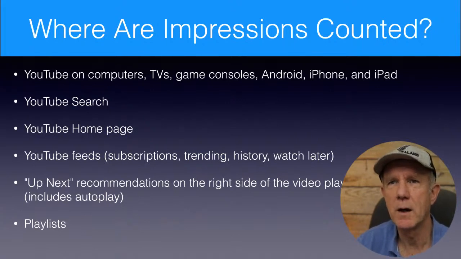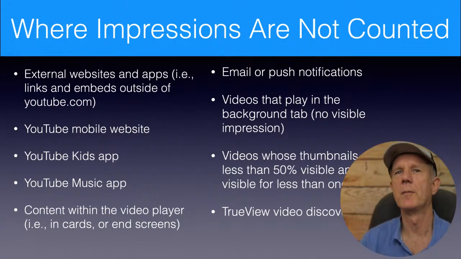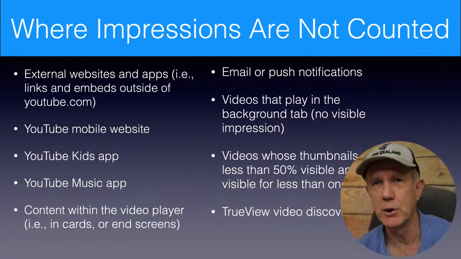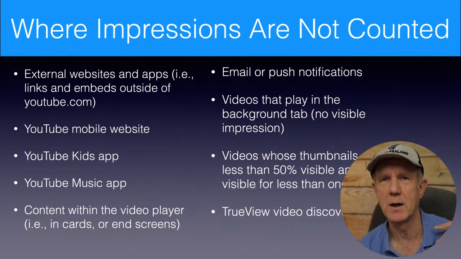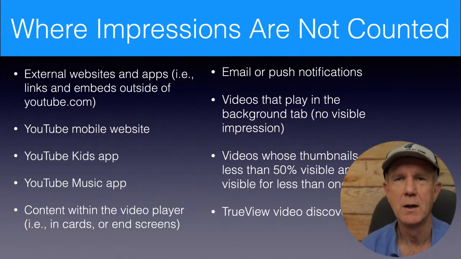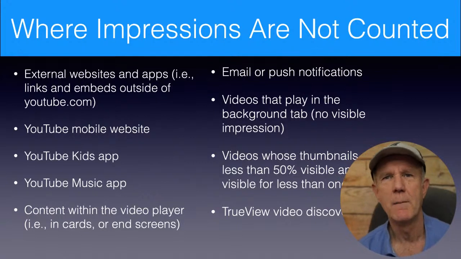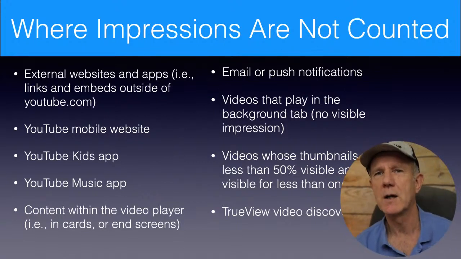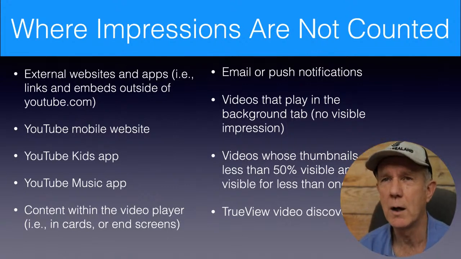And then impressions that are not counted are going to be from external websites. So it's going to be from Google search, from, if you've got a website, social media sites, YouTube mobile website, YouTube Kids app, YouTube Music app, content within the video player, like cards and end screens, email list.